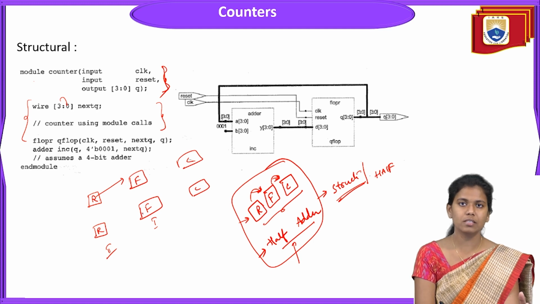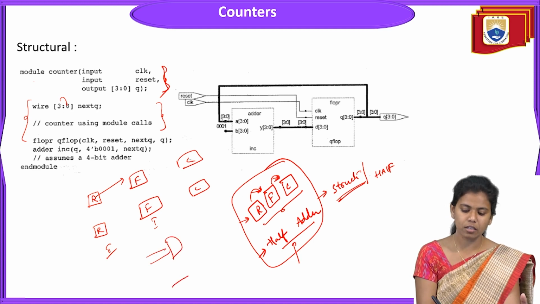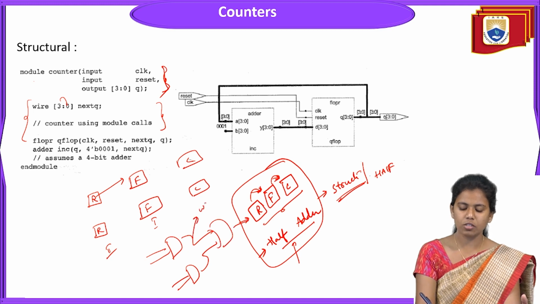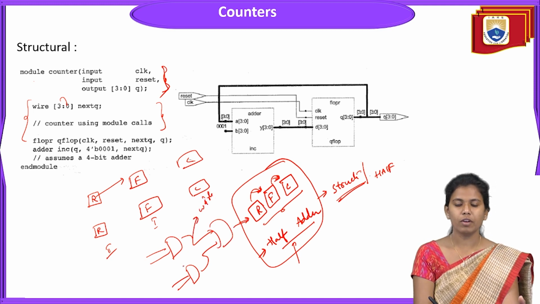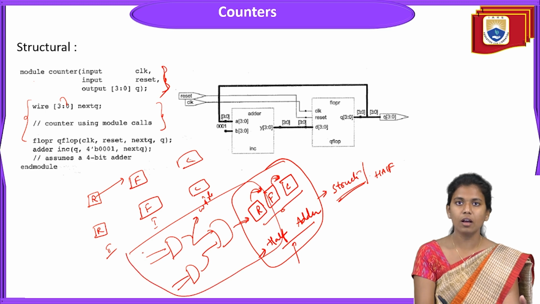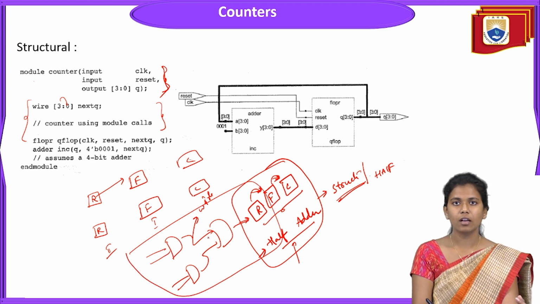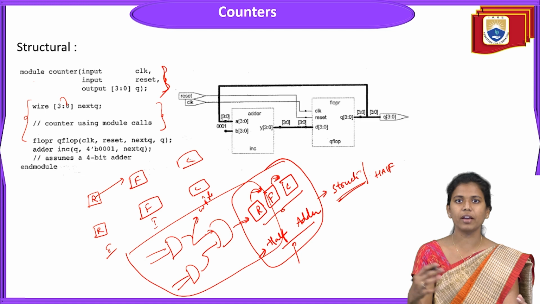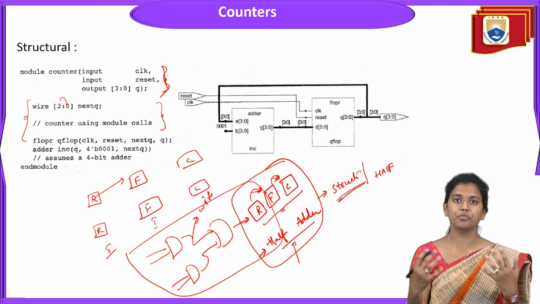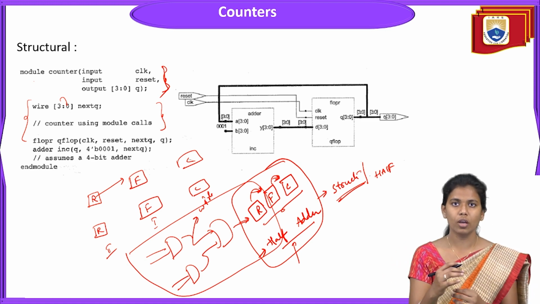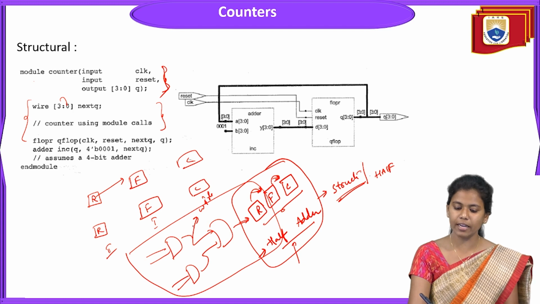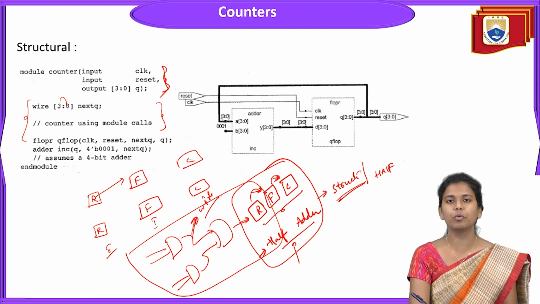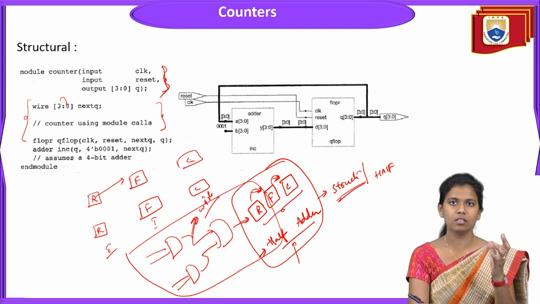The wire. To connect gates, like the OR gate, the medium is wire. Because to form a structure, I'm using all the gates, I need to connect them all and finally form a structure. So I need a medium called wire, and with the help of wire I can connect all the gates together.